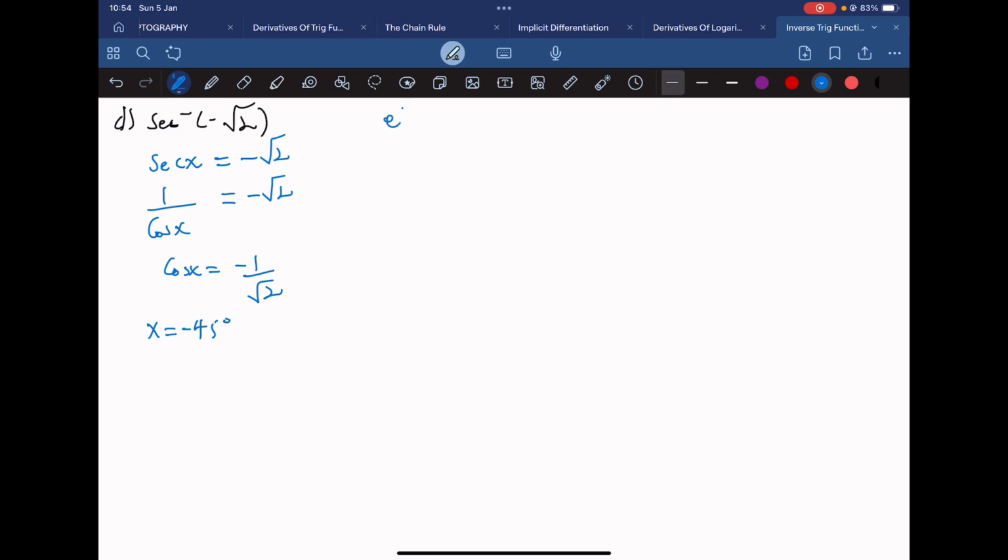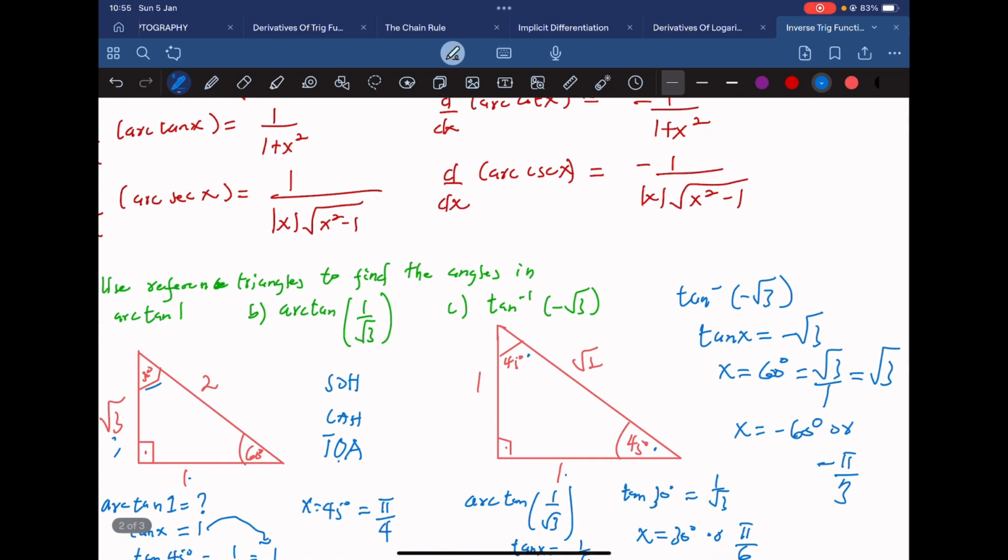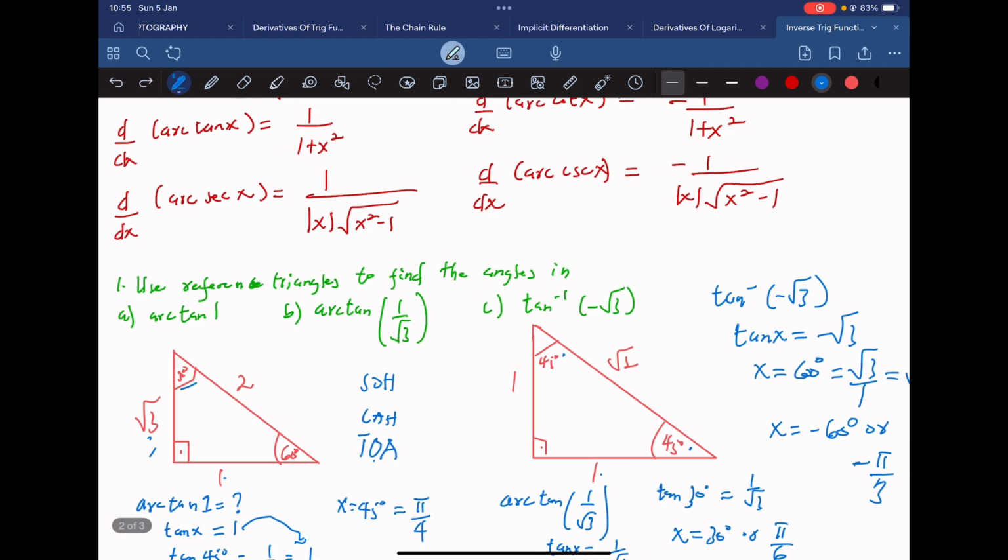Now, the next one is arc cosine of root 3 over 2. So in that case, we have cosine of x equal to root 3 over 2. For root 3, we can't use this; you have to use over here. So cosine is adjacent over hypotenuse.